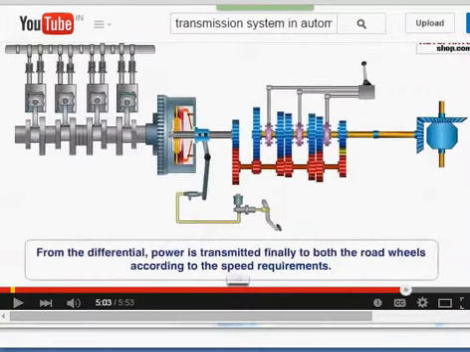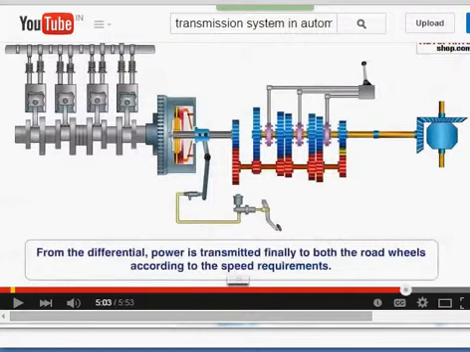This is the transmission system of an automobile. These are the engine cylinders, from which the rotary motion is coming. This is the crankshaft. This rotary motion is transferred to the wheels, which are fixed at this end.